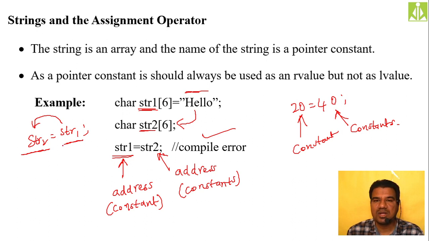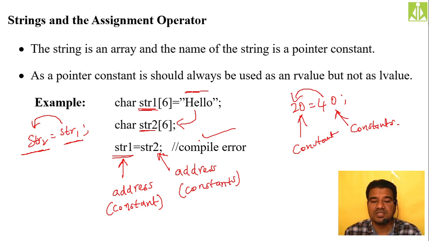As these two are constants, we cannot use these constants on either side of the assignment operator. Doing like this is an error. 20 equals 40. You are trying to store 40 into this 20. Is it possible? Because they are universal constants, you cannot change their values. That's the reason why you will get a compile time error.